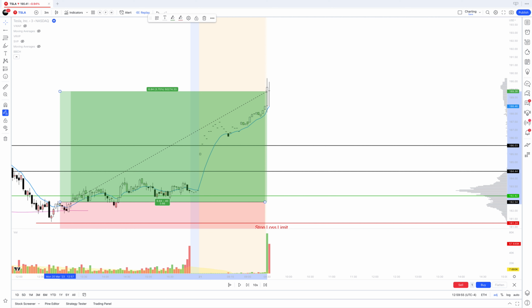So from that 0.15R risk, I had the potential to make $277.44. Don't get me wrong, not a bad trade. 3.66R, and that's only on 0.15% of my account.